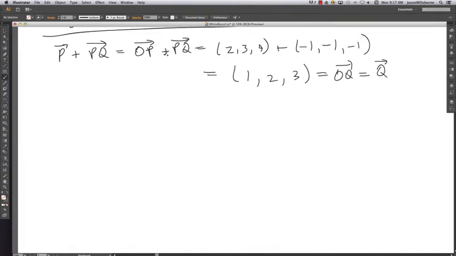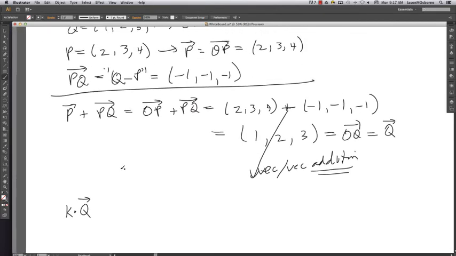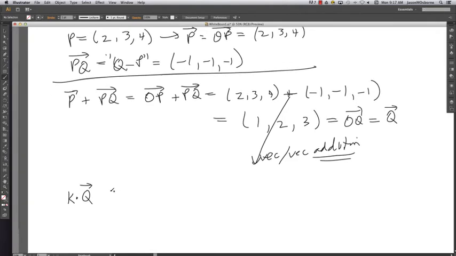So this is vector-vector addition. Subtraction works in the same way. One other operation that's going to be very important is, let's say that you do k times the vector q. So what was our vector q up here? It was 1, 2, 3.